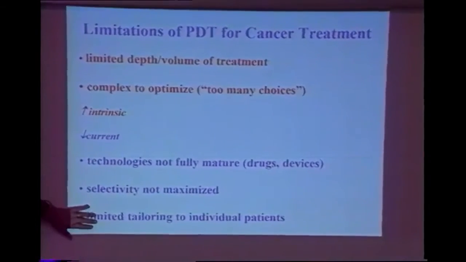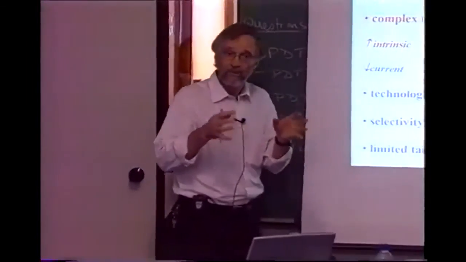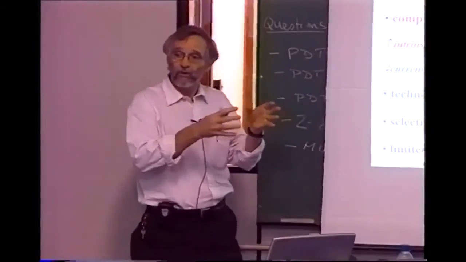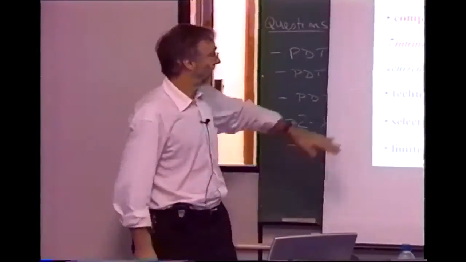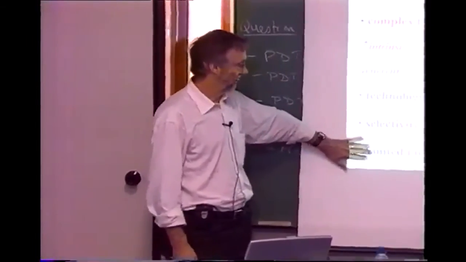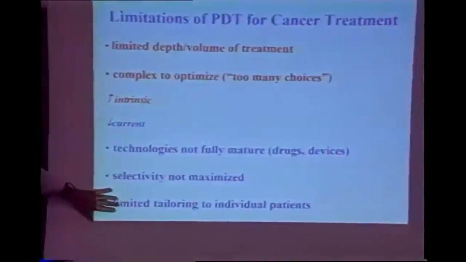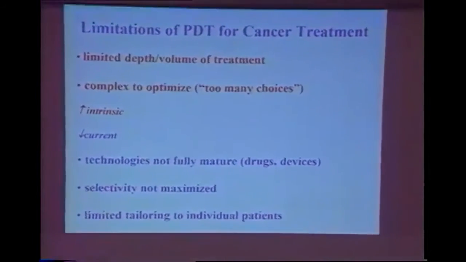And there's been so far very limited tailoring of this to individual patients. It's tended to be one formula fits all. So there's a lot of interesting research to be done by engineering people, chemists, biologists, and the computer people and measurement people.